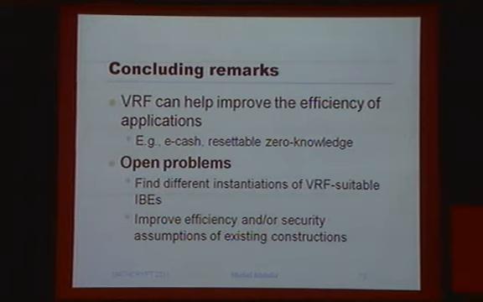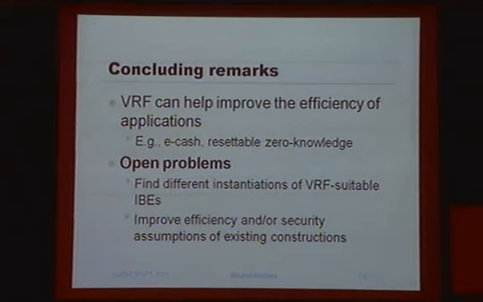Actually, by looking at Boneh's more recent scheme or the Hohenberger and Waters scheme, we can define similar IBEs implicitly, but it doesn't make sense to define an IBE for which you already know that it will give a VRF. But it would be interesting to find new ones.